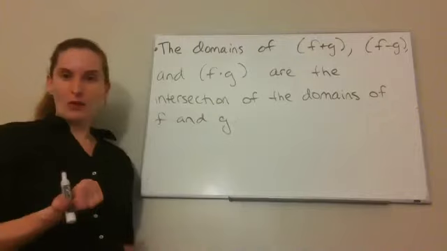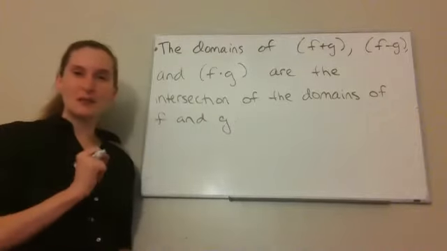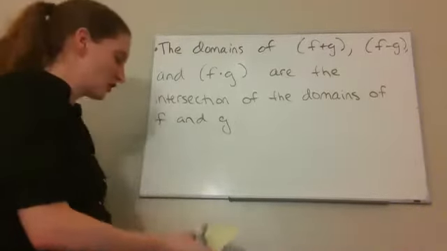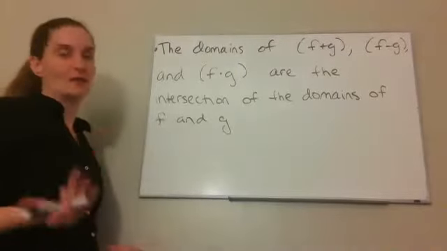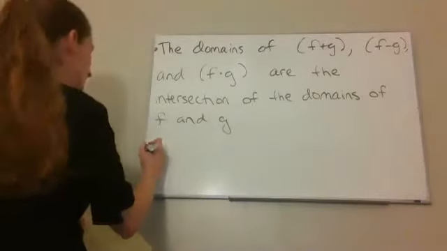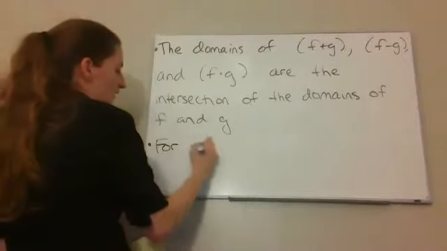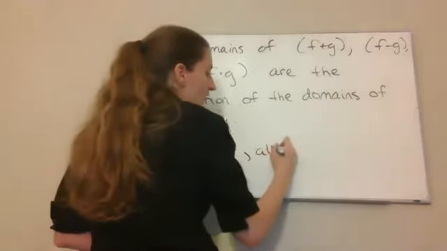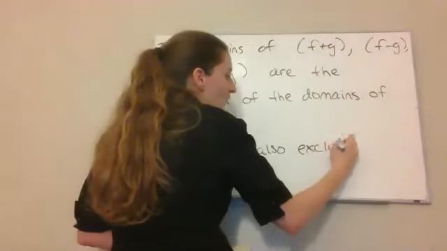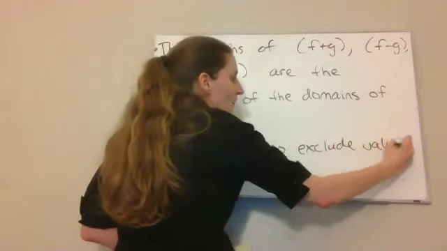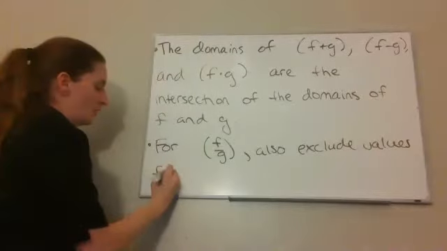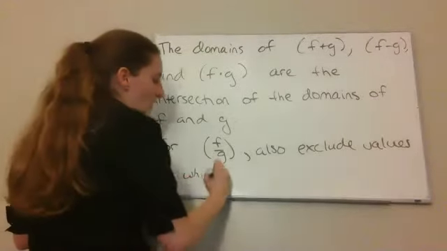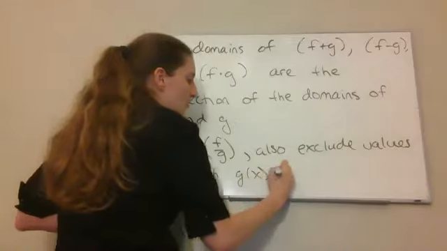Now, when we use the quotient, dividing, it's a little bit different. We have the intersection, but we also have to exclude values that make our denominator 0. So for the function f over g, we also have to exclude values for which g is equal to 0.